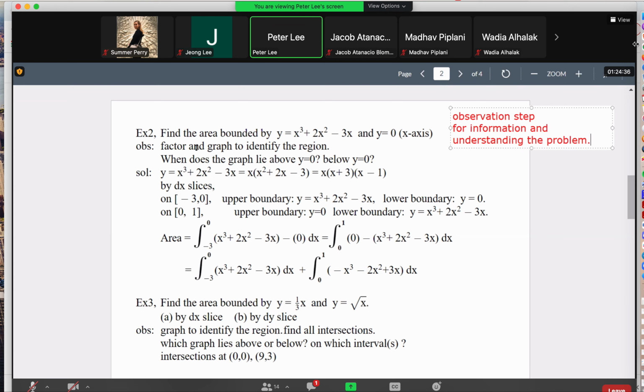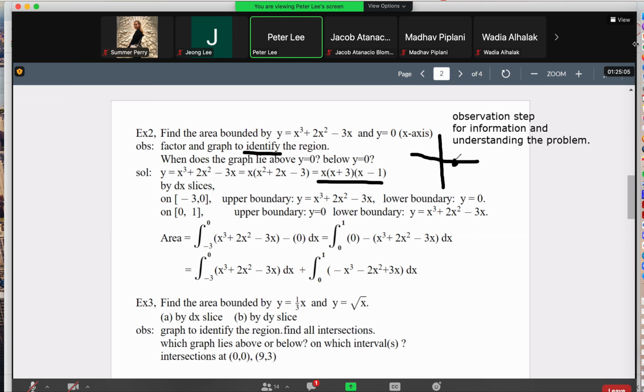Again, factor and graph to identify the region. Basically, the biggest purpose of this observation is to identify the region. You have to first identify what region we are talking about. Where does it lie? Where are the endpoints? Things like that. So we have the solution, y equals this guy right here. We can see that the graph of this cubic polynomial is going to look like this.